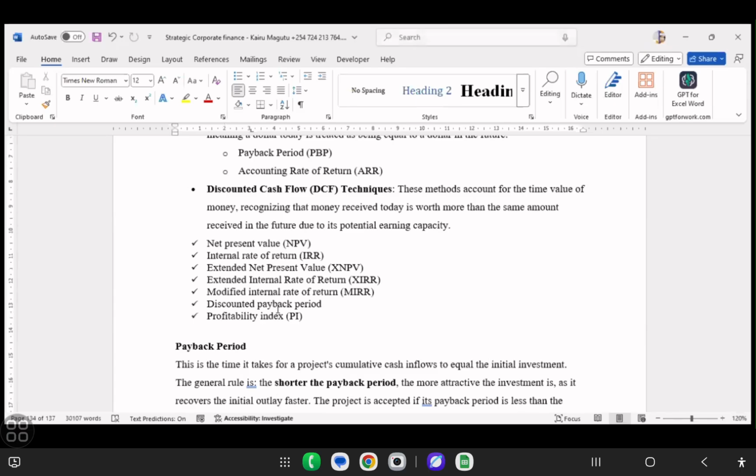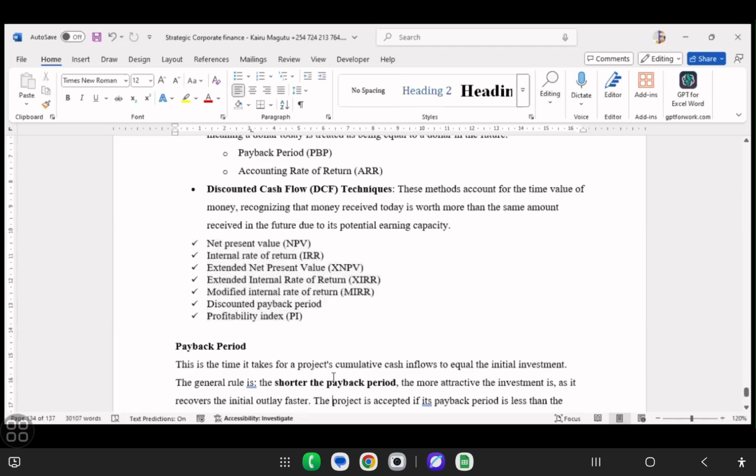The methods we use are the NPV, net present value; IRR, internal rate of return; XNPV, extended net present value; XIRR, extended internal rate of return; MIRR, modified internal rate of return; discounted payback period; and the profitability index. These are the commonly used methods when it comes to the evaluation of projects.